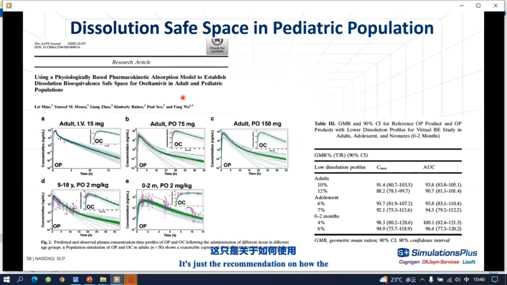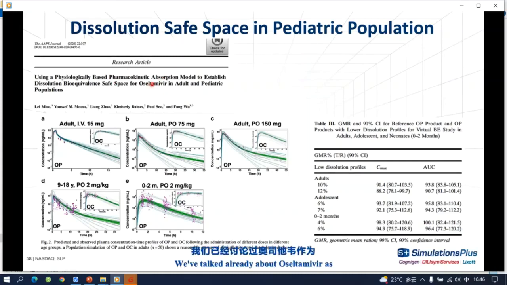It's just the recommendation on how the PBPK modeling could be used to help with designing the dissolution safe space, and designing how variable the dissolution rates could be for children of different ages to still have a correct performance. And it was an example with oseltamivir.